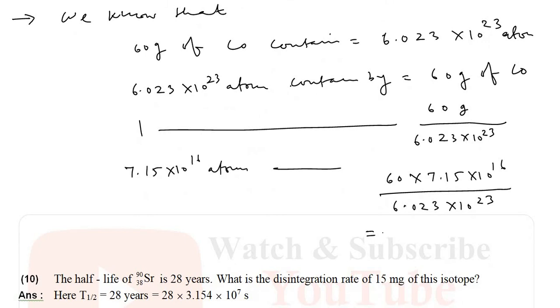So that is equal to 60 gram multiplied by 7.15 multiplied by 10 to the power 16 divided by 6.023 multiplied by 10 to the power 23. So after solving it, we get the amount of cobalt required for the initial activity.